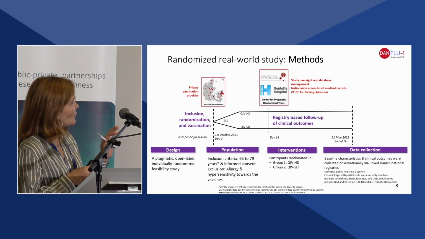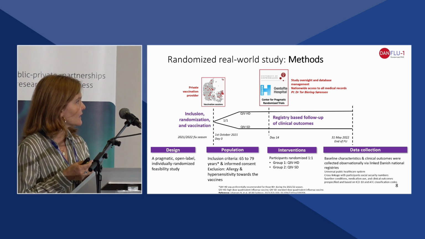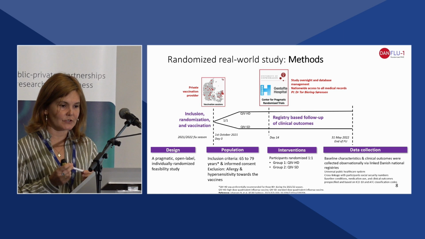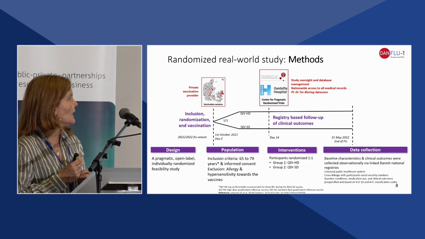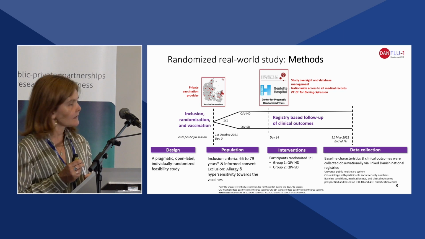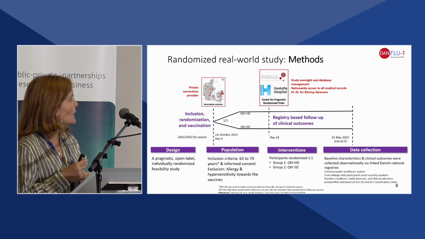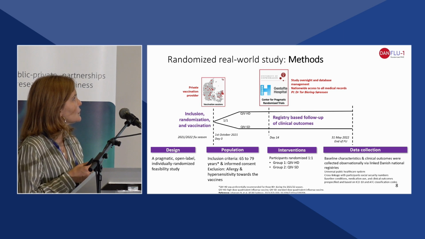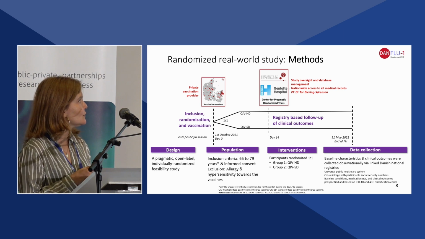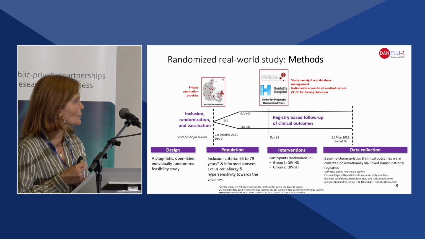The inclusion criteria were people aged from 64 to 79 years, and of course with informed consent. They were randomized in a 1:1 ratio, so you have QIV high dose and QIV standard dose for the two groups.